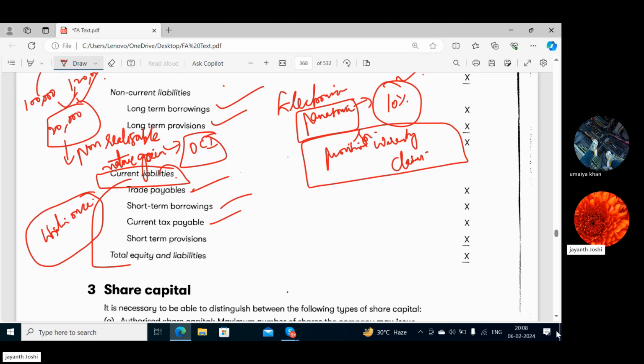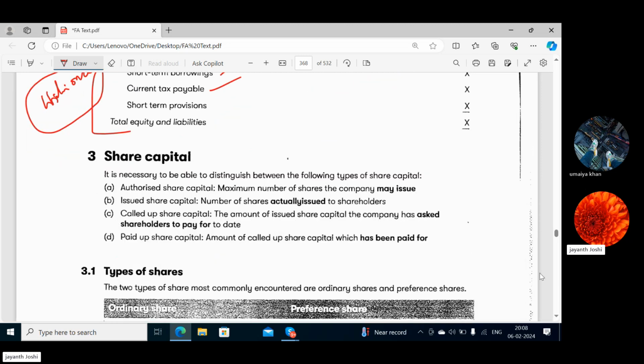Okay, now let's move from the format into the mainstream topic. Share capital: you have already understood what it is. This is nothing but the equity or ownership. It conveys that you have certain ownership in a company.